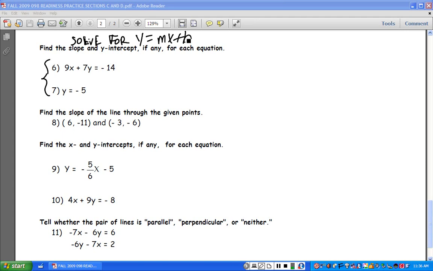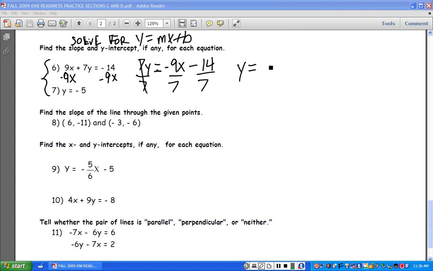Alright, so we want to get y by itself. So here, number 6, let's subtract 9x from both sides. So we have 7y equals -9x minus 14. Divide everything by 7, so those cancel.